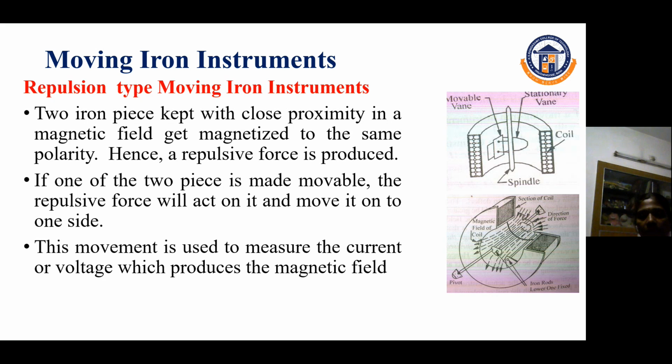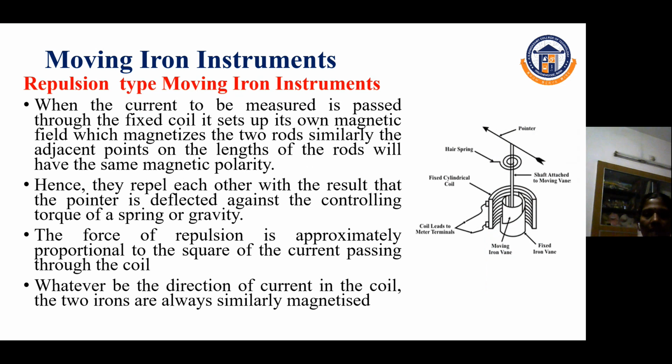This is another picture of the repulsion type moving iron instrument. When the current to be measured is passed through the fixed coil, it gets its own magnetic field, which magnetizes two rods similarly, so the adjacent points of the lengths of the rods have the same magnetic polarity.